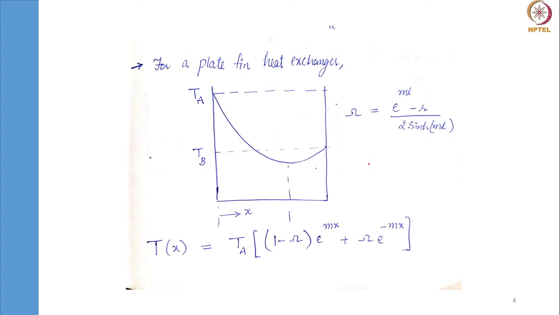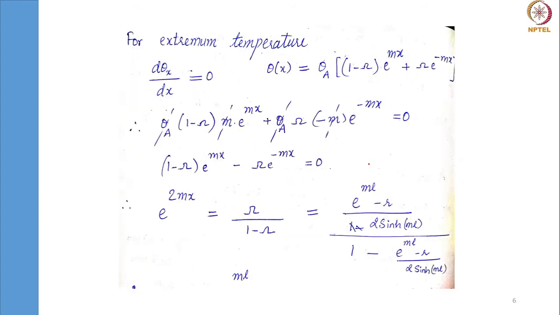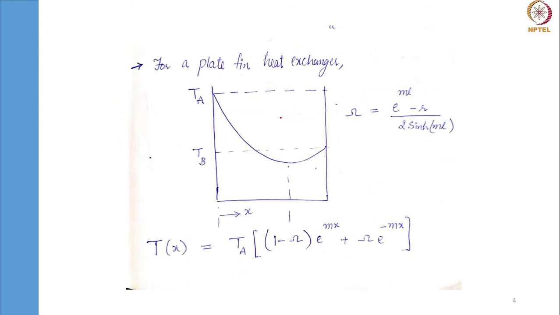Shall I show you the solution? As I have told you, for extremum temperature, that means temperature minimum or temperature maximum. I'll just get back and show you some significance of this.